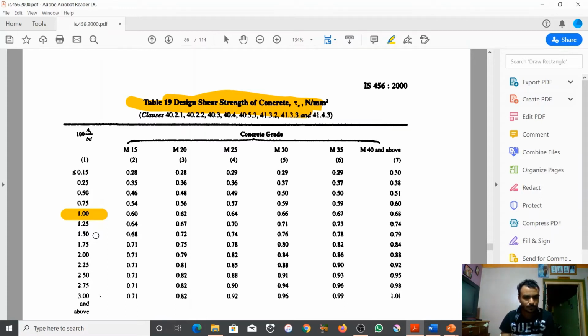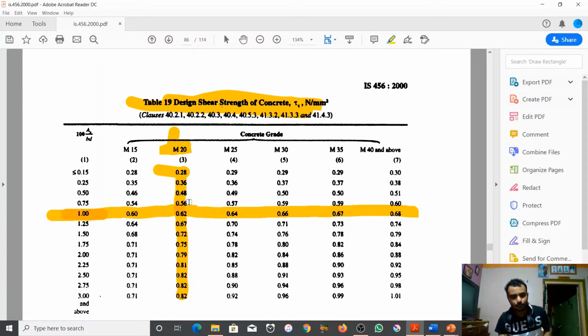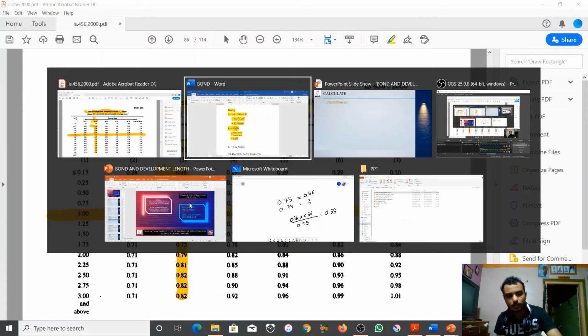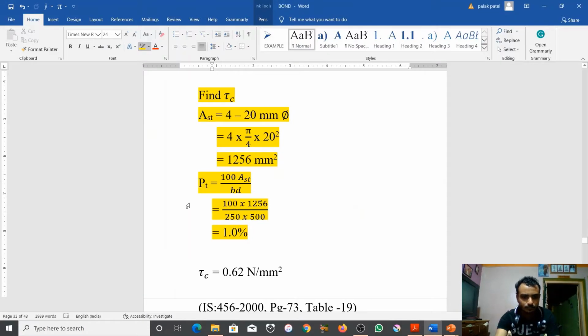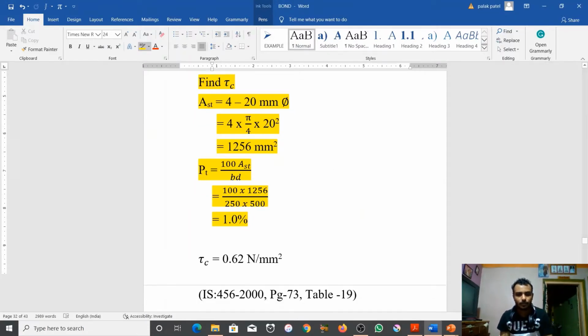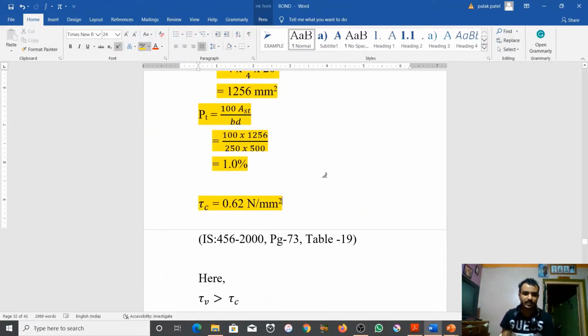Pt is 1, and the concrete grade is M20. So we follow this row for 1, and for M20 we follow the second column. So your value is 0.62. So tau c is 0.62.